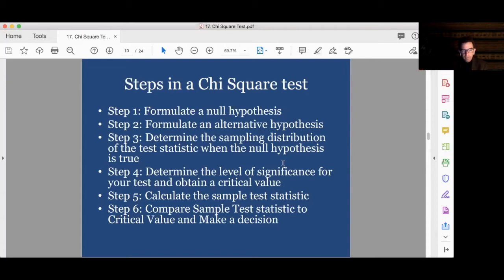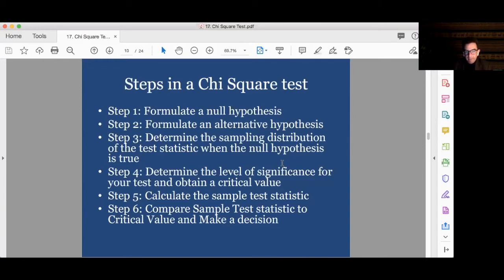In step 4, you are deciding how sure you want to be that you're not making a mistake in your final decision, right?